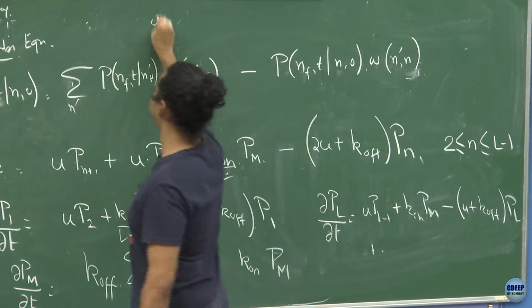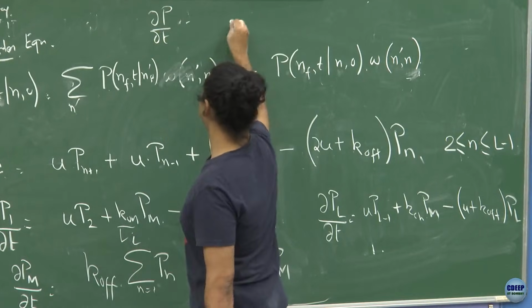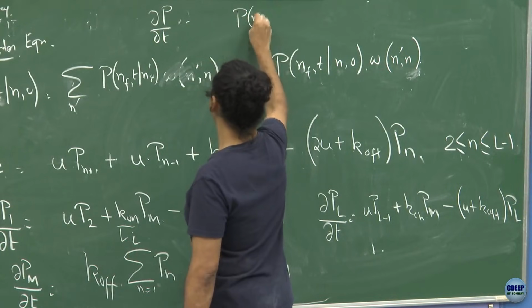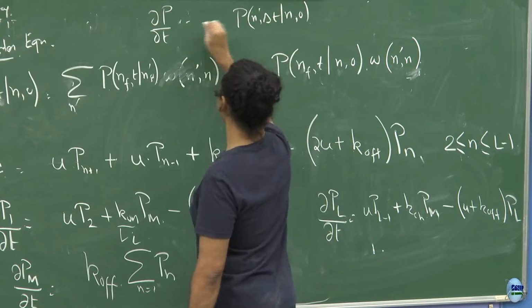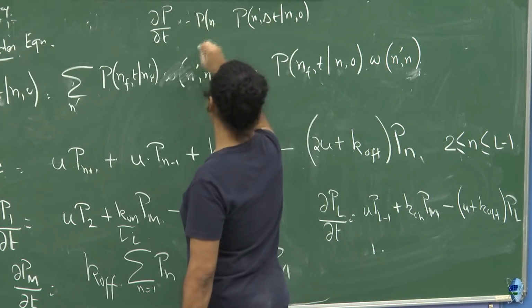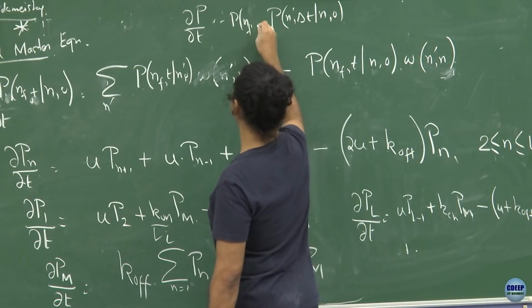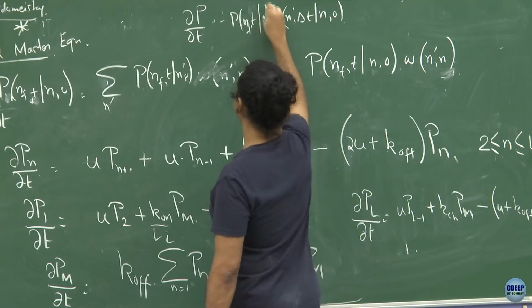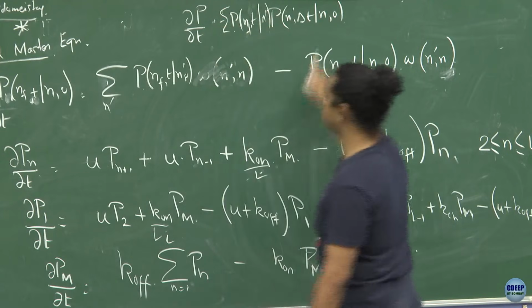So let this stay. We had said that this del p del t was that you could take this first step in time delta t from n 0 to n prime, and then from this n prime you go in time t to nf, and then you sum over everything. That was one term.